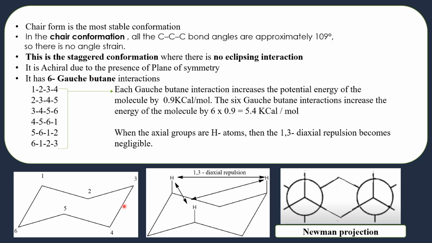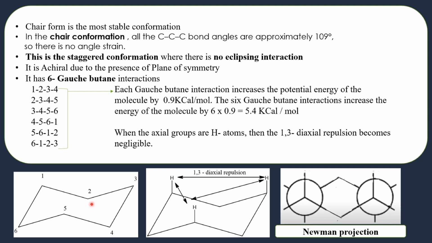And in this chair form, in the Newman projection, we can see all the CH bonds are staggered and there are no eclipsing interactions. In the planar form, there is huge angle strain present. That angle strain is absent in the chair form.